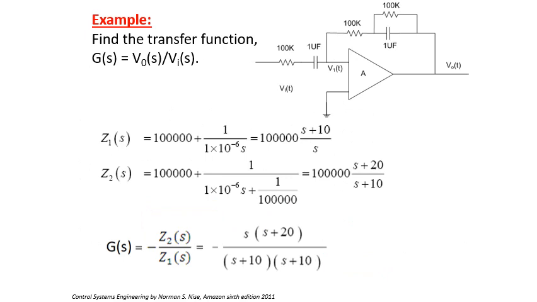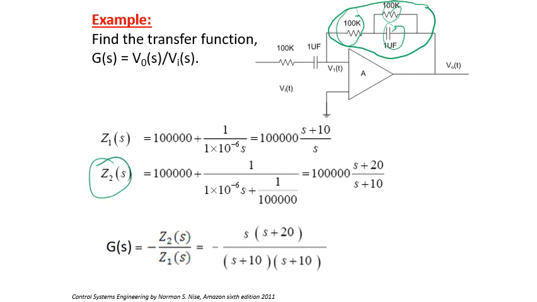Similar example here, you can deal with it. All I want to tell you here is the impedance Z2 will be this value, which is equal to 100K. 100K, of course, in Laplace will be 100K, no problem. 1 microfarad will be 10 to the power 6 over S. This element and this element are in parallel, both in series with this. That's for Z2.